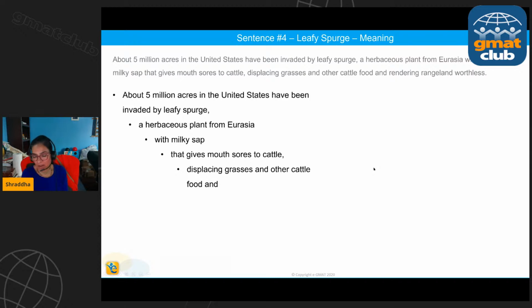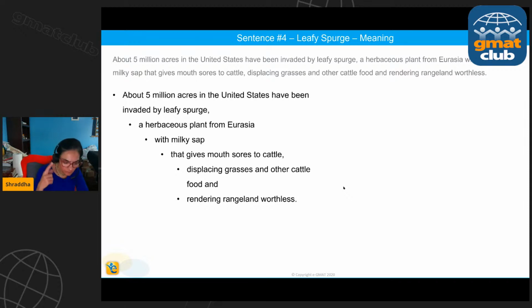And that meaning error has happened because of the wrong grammar that has been used. I mean, the incorrect entity. I wouldn't say that the grammar is wrong, but we don't need an action modifier at this place in my sentence. The sentence presents another outcome of giving mouth sores to cattle, which is rendering rangeland worthless. That means the grazing grounds become useless.